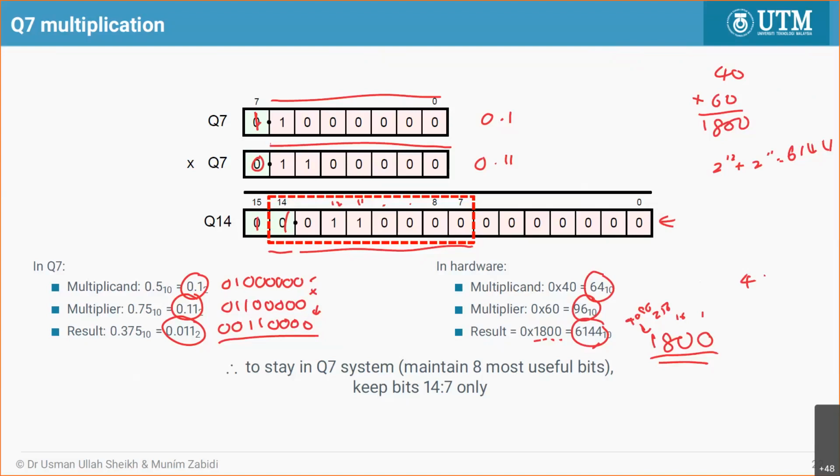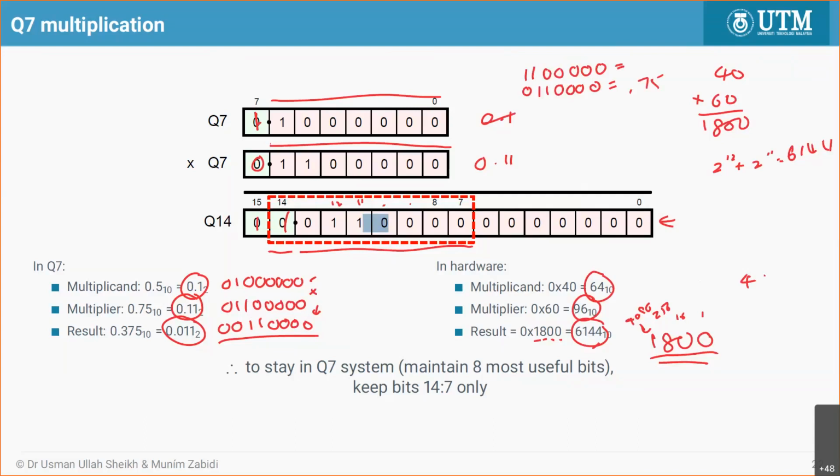Let's say you multiply 1100, right? This is negative. Let's change only this. So what's the value now? It's no longer 0.1. This one is still 0.75.